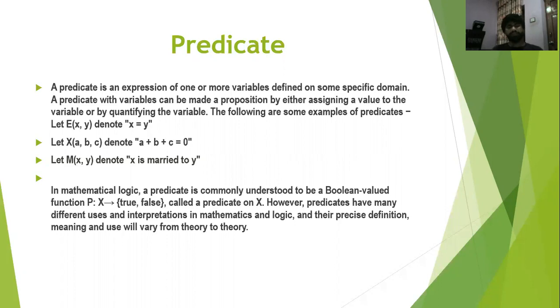Here is another example where we take m as a function and its values are x and y, and we denote them x is married to y. It means they are directly related to each other because there is a multiplication between them.